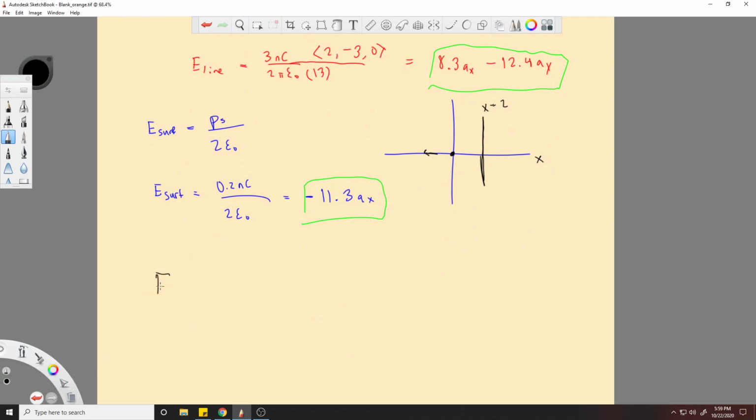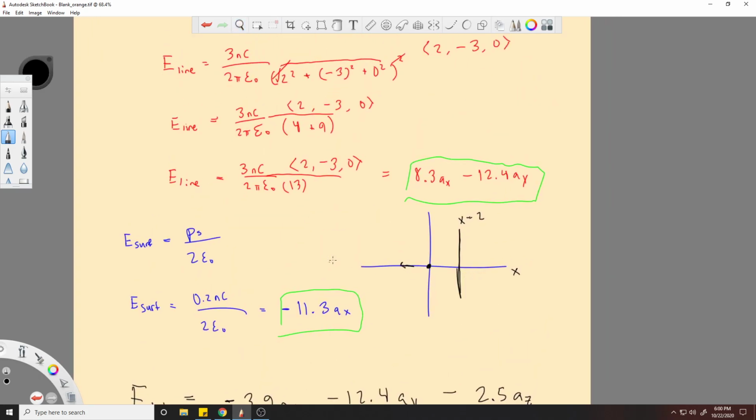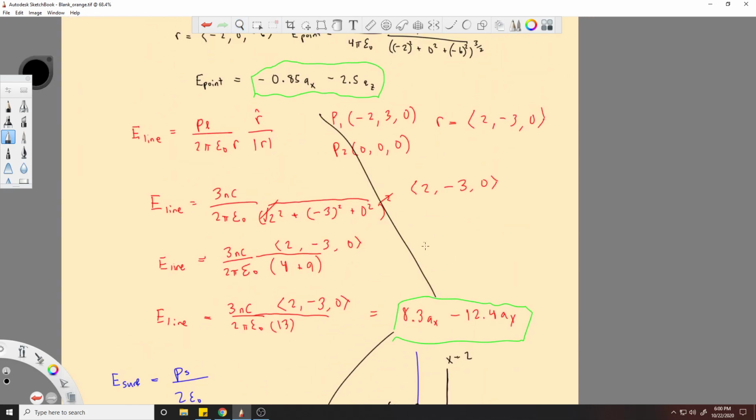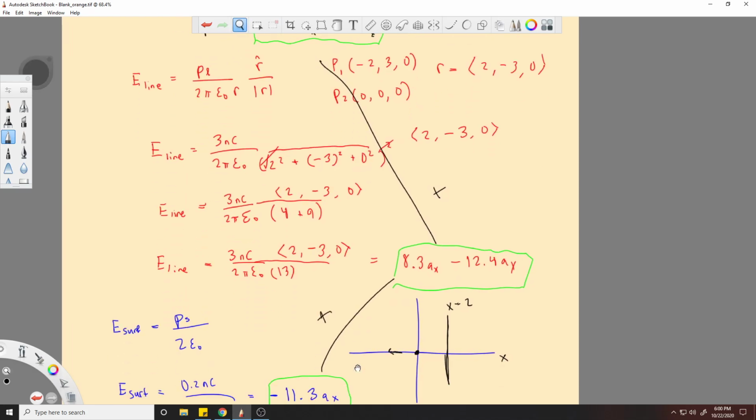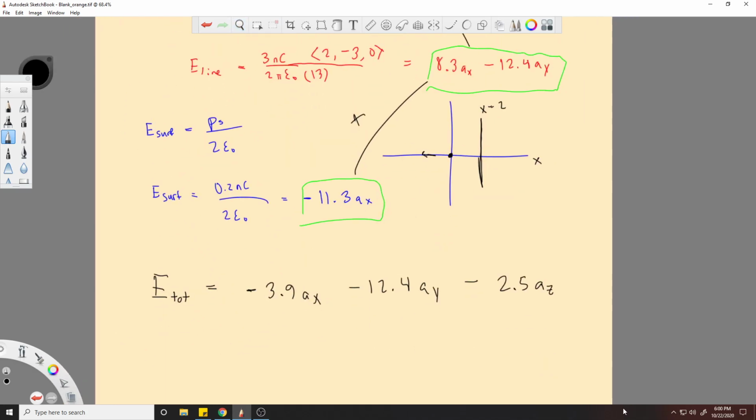So E total is equal to, I'm just adding these numbers, AX. This is what I got when I added them. Minus 2.5 AZ. So again, I just took these and added them. Okay? There you go. Hope that helped. Bye.